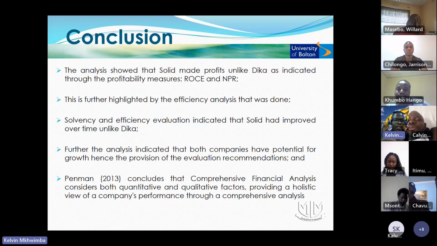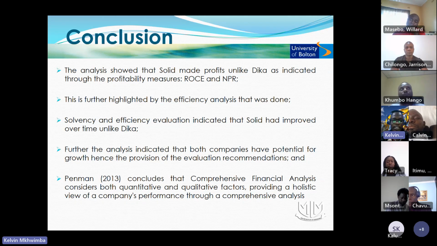So in analysis, it has shown that Solid company really made profits, unlike DICA, looking at the profitability measures that we have used. An in-depth analysis of the two companies was very important in determining the financial performance of the organizations.